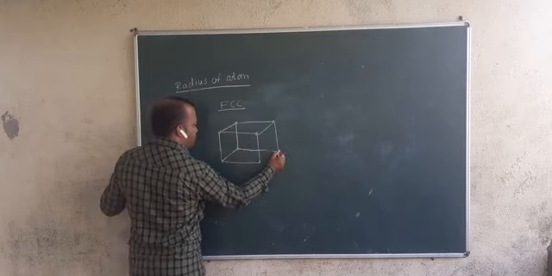Now it will be A square plus A square plus A square, 3 times; there it was 2 times. A square plus A square plus A square is equal to 4R square. So 3A square is equal to 16R square. So A square is equal to 16 by 3 R square.